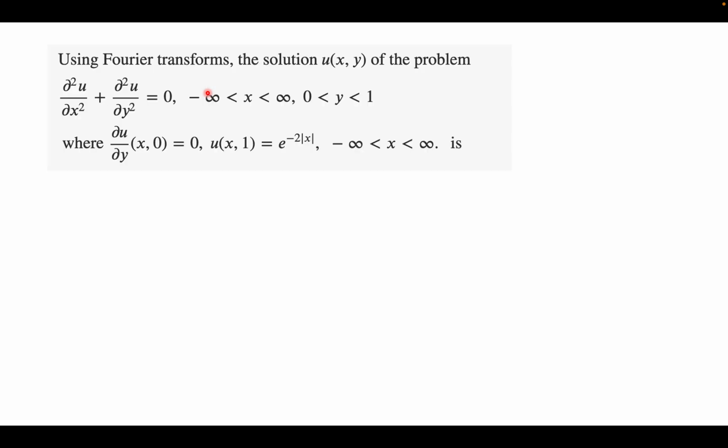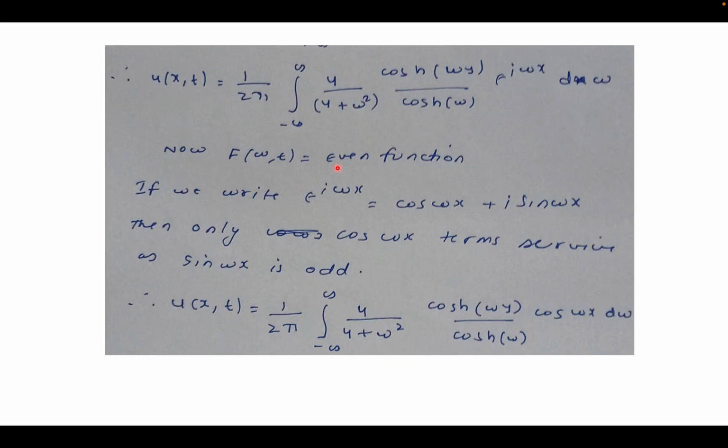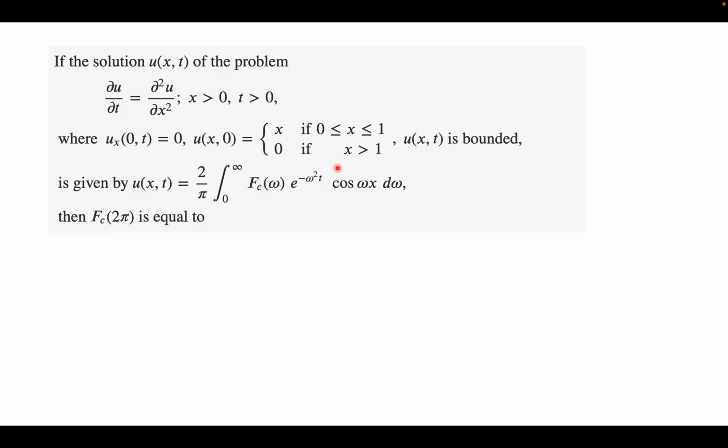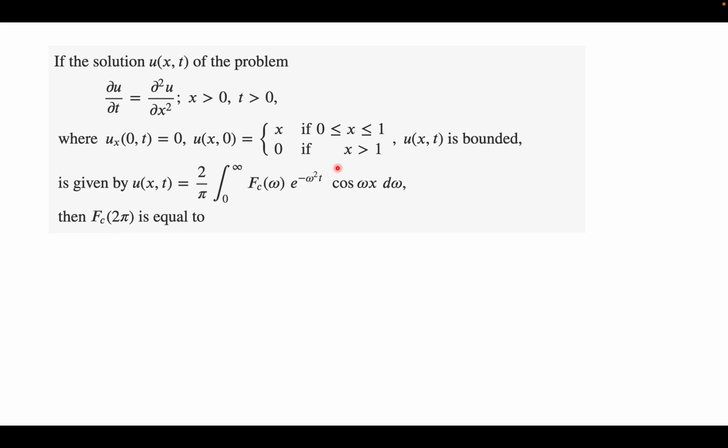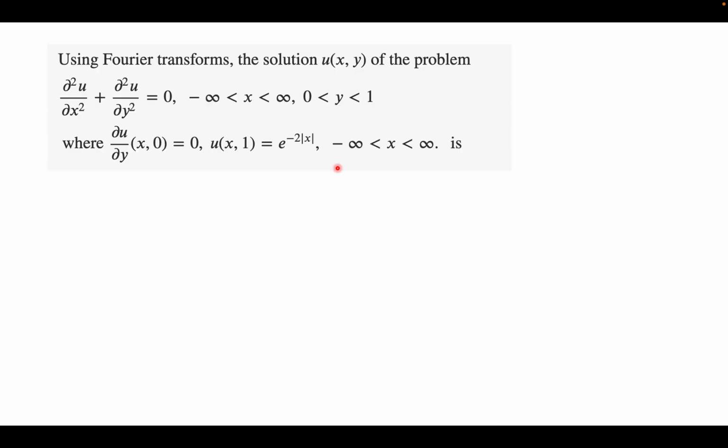In the earlier boundary value problem we used the normal Fourier transform, as x was defined from minus infinity to infinity. Okay, I hope this question is again clear to you all. This was the 10th question from problem set 12.